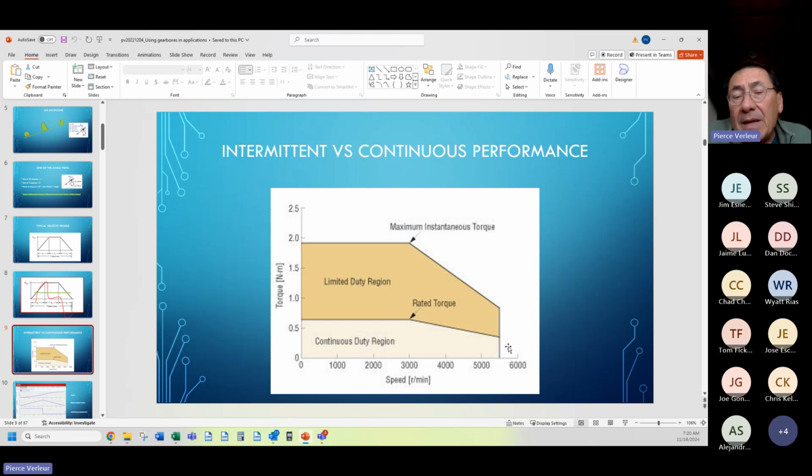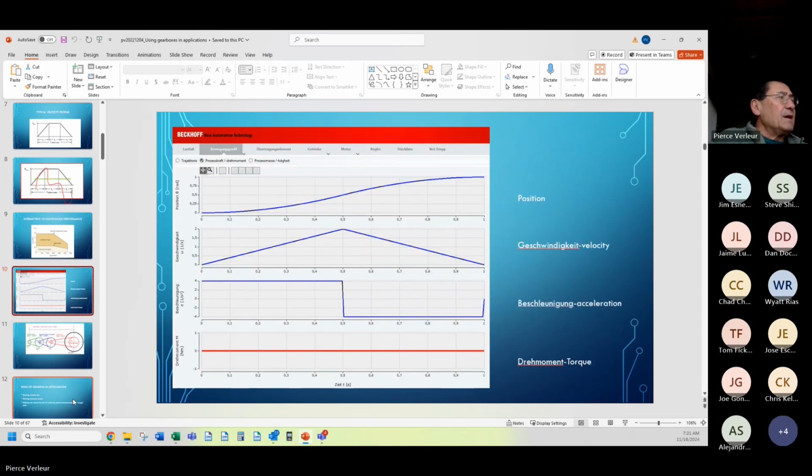At that point, the motor may become the limiting factor in your drivetrain. Again, thinking about an amp, a motor, a gearbox. This constraint, especially when you want to run above the base speed of the motor, may become the limiting factor in your capability of the system overall. Now, this is a chart that helps us to get to the numbers.